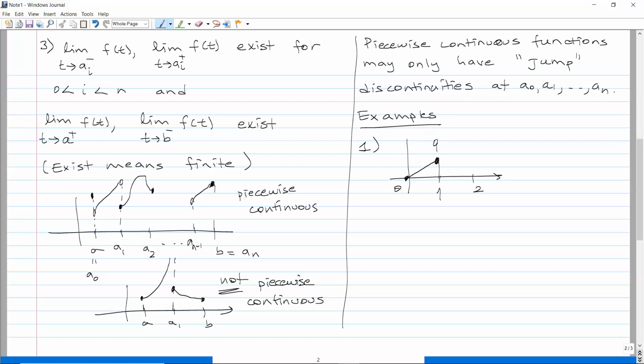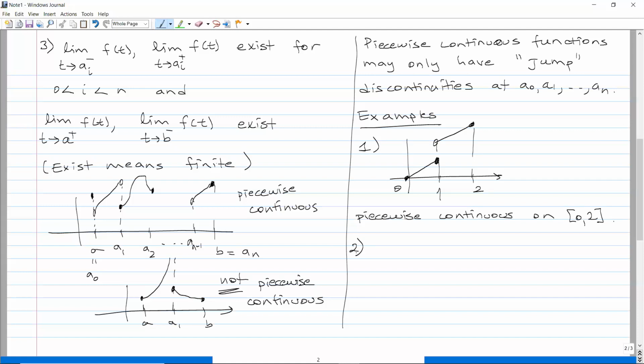And we may have a jump discontinuity at 1. So something like this is piecewise continuous on the interval 0, 2.